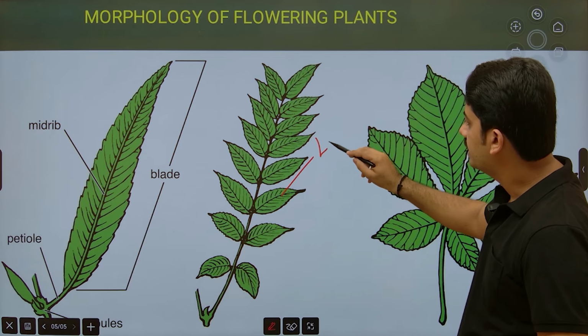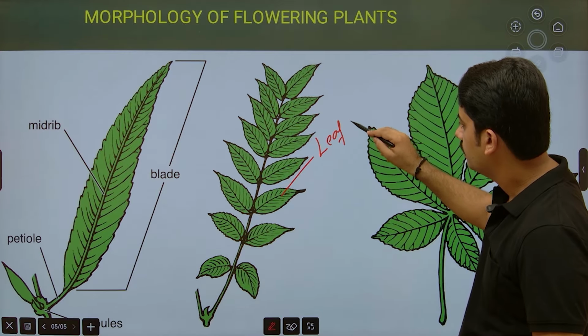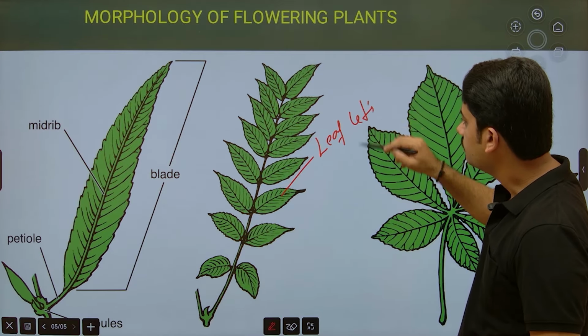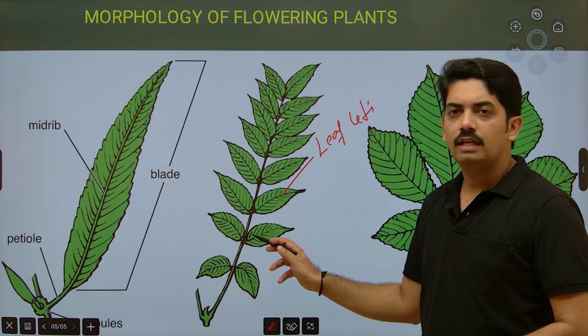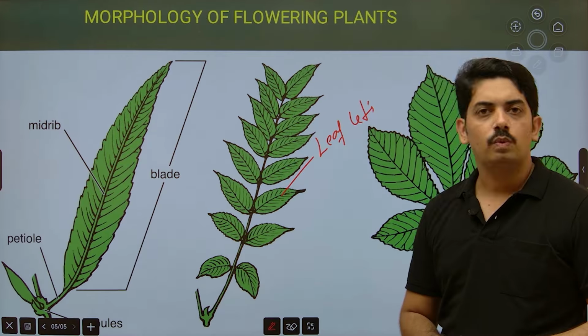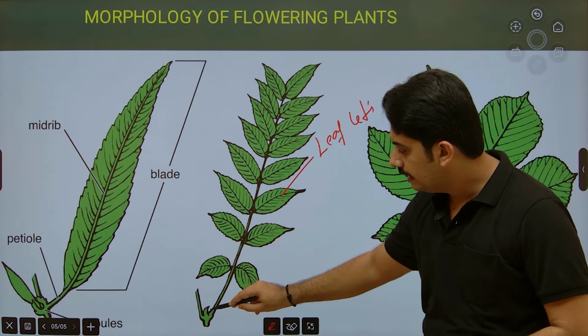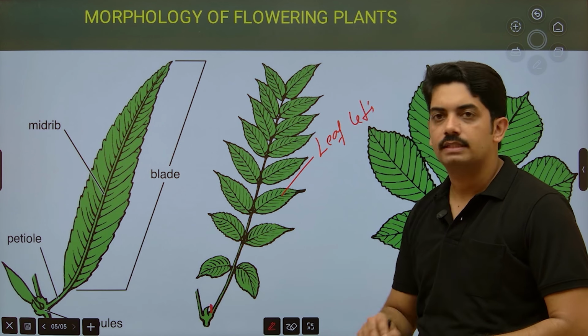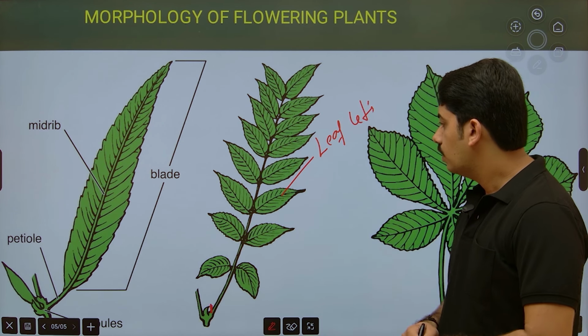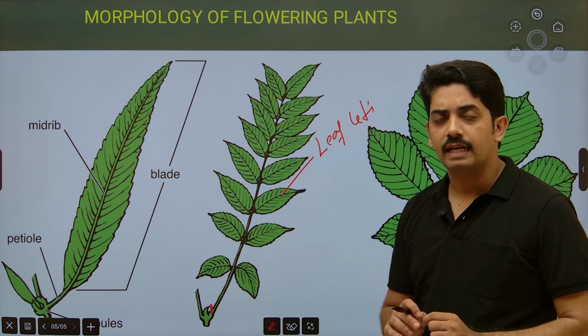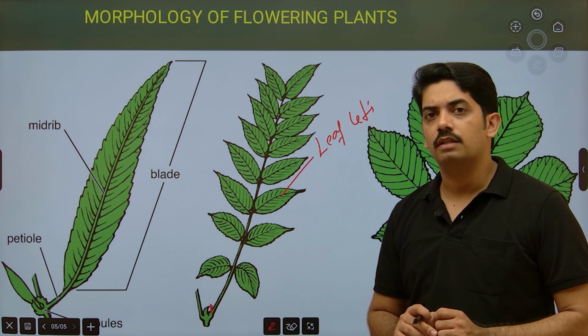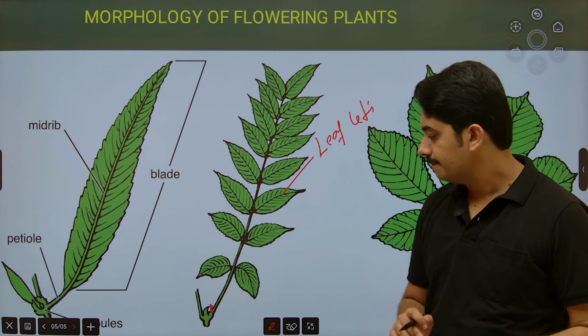Whenever leaflets are present, in the axil of these leaflets there are no axillary buds. Only here you can see the axillary buds at the base of the leaf. This is a very important character. By this we can differentiate the leaf and the leaflets.